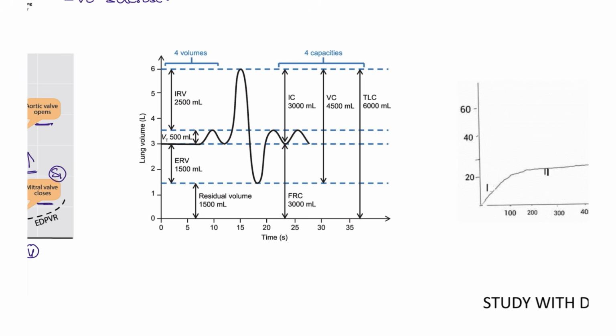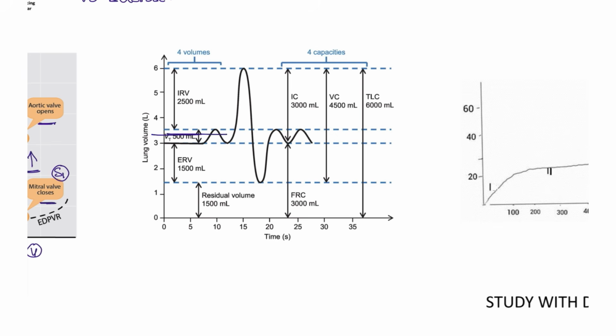Next, coming to the spirometry, we have the different types of the volumes. One is the tidal volume. Here you can see this is the tidal volume. Tidal volume is around 500 ml. Next, residual volume. What is the residual volume? After all the expiration, whatever the air is left, that is the residual volume. And next, expiratory reserve volume. This will include only the extra efforts of the expiration.